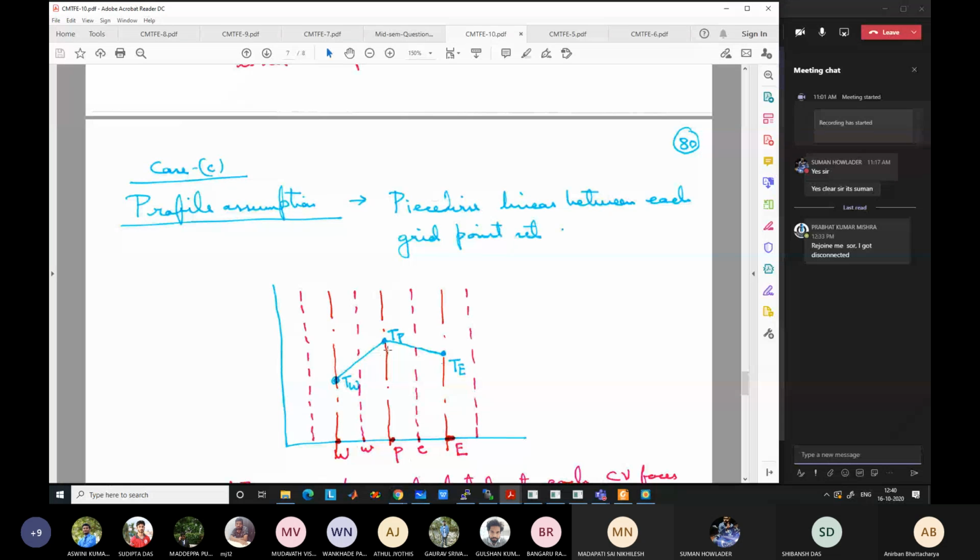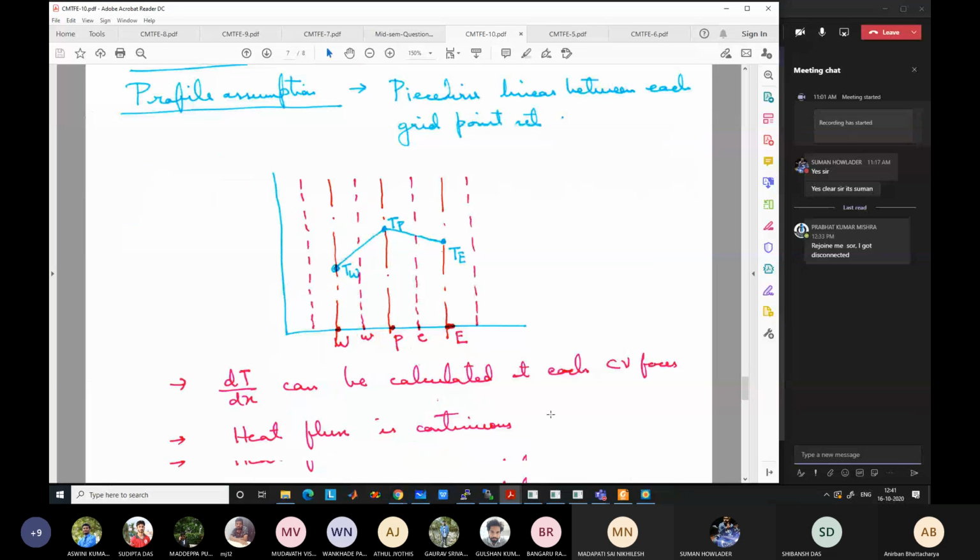If you consider the control volume going from small w to small e, the temperature goes like this and again this, which is unphysical. But remember, this is only for discretization. The final solution is independent of whatever profile assumption is used. Our main aim is to resolve the fluxes at the interface based on the grid point values.